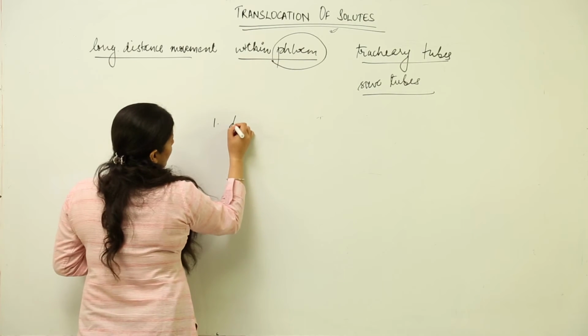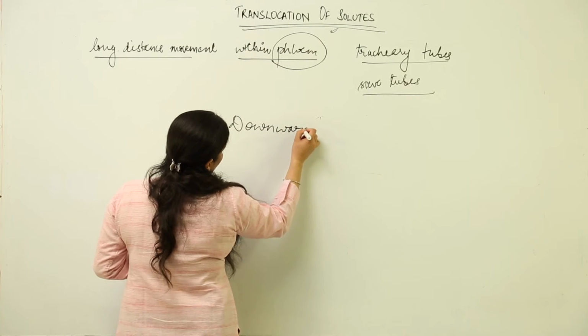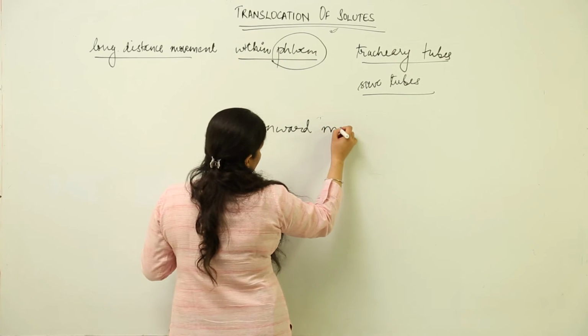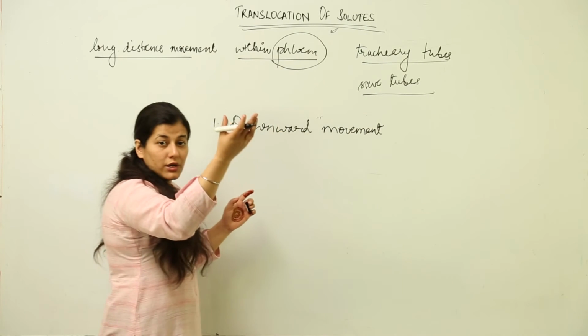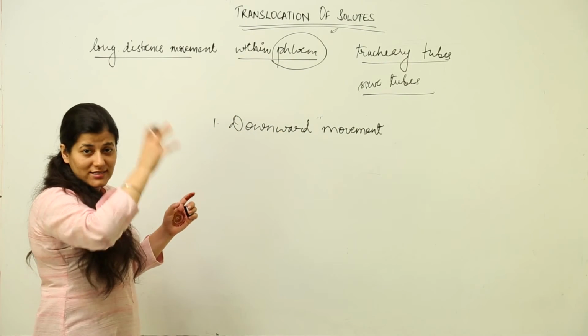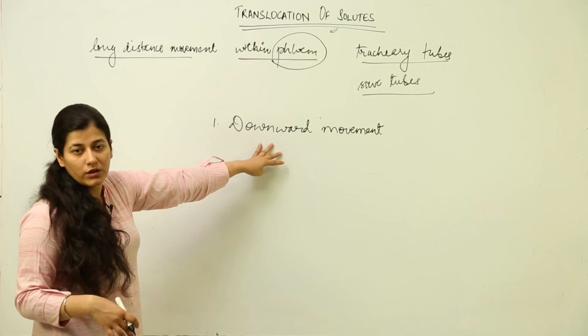One is downward movement. Primarily it is downward movement, where we had seen right now that the leaves, being the aerial part, were acting as the source and the sink was the roots, which were underground. So we have downward movement.